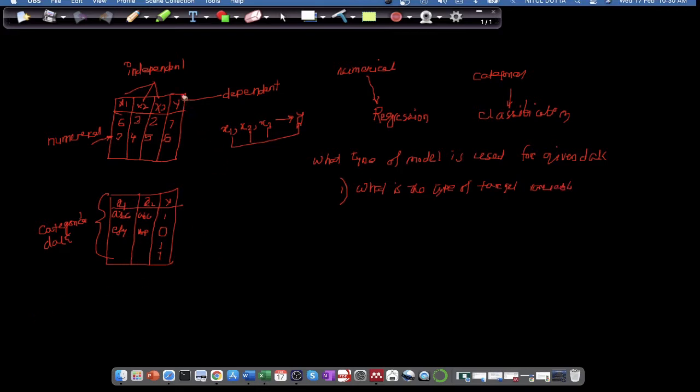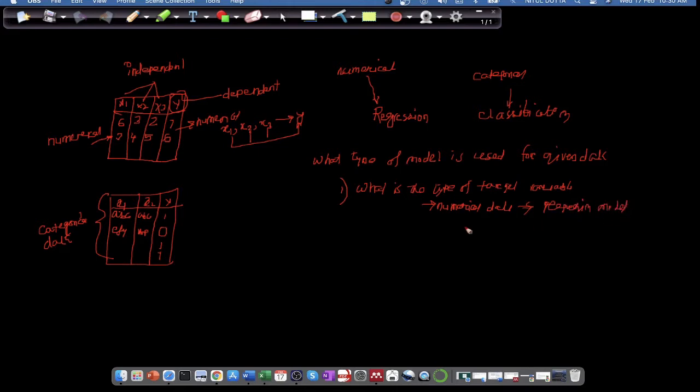Say here y is the target variable, and it takes numerical values. If this is so, then we should go for numerical data, or also we can say continuous data.